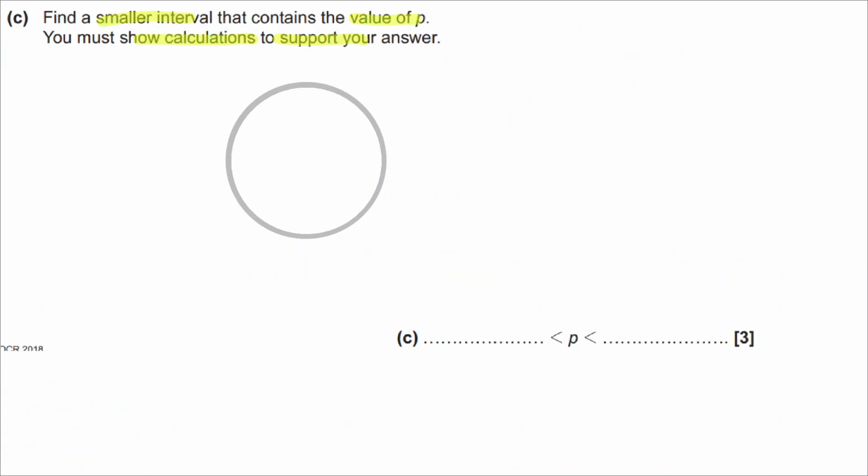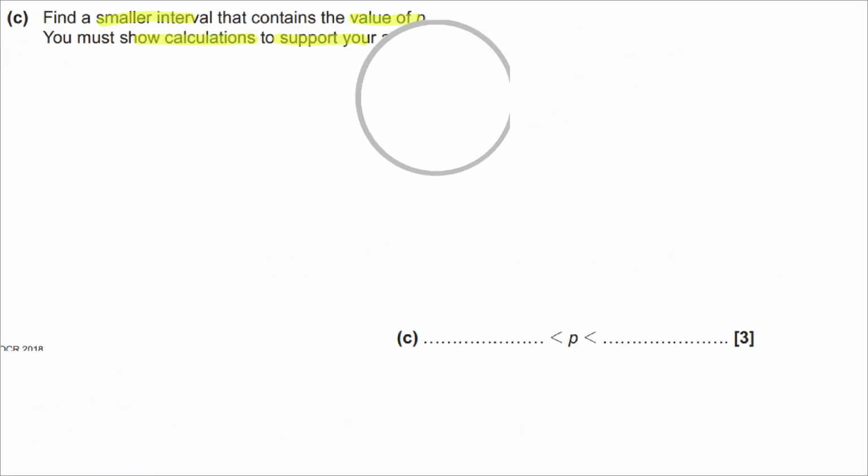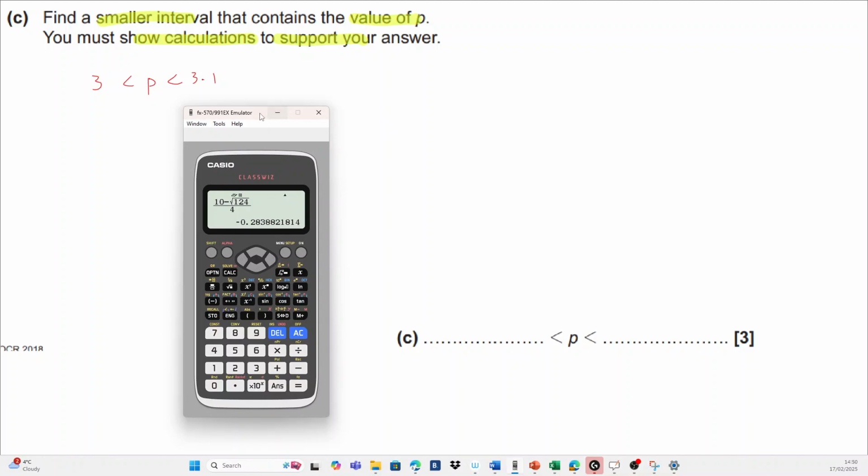Okay, so let's get rid of this. Let's go between 3 and 3.1. So let's try when P is between 3 and 3.1. Basically you just go and put this into your calculator, and to help me speed this up a little bit quicker, let's get this on the screen.